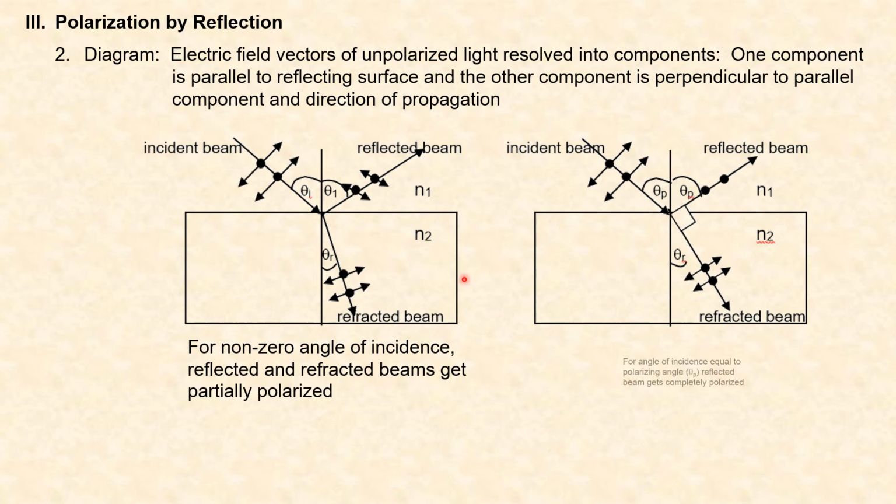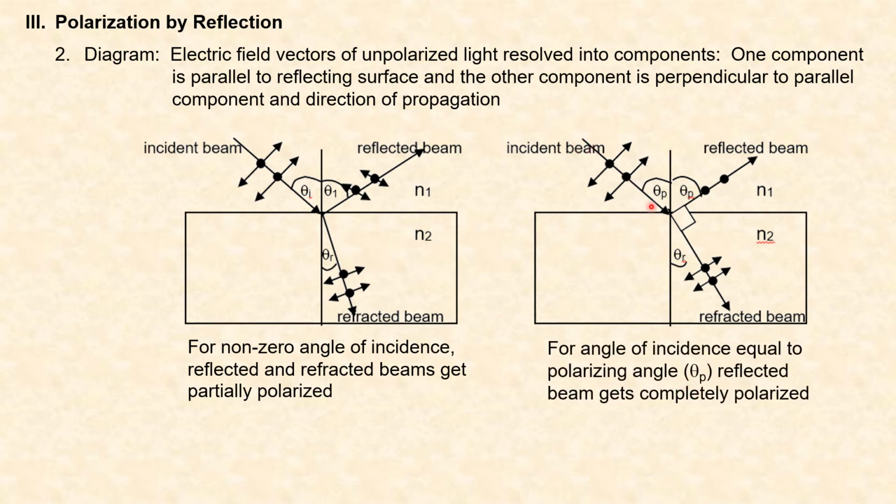What is interesting, however, is that for a special angle of incidence, when the angle of incidence is equal to what we call the polarizing angle, or Brewster's angle, as we'll see, this reflected beam gets completely polarized. You'll notice here that only the parallel component remains. The perpendicular component completely disappears. It's filtered out.